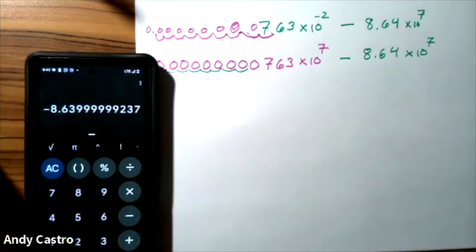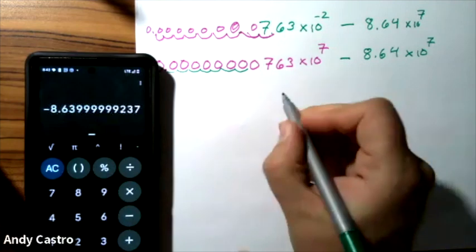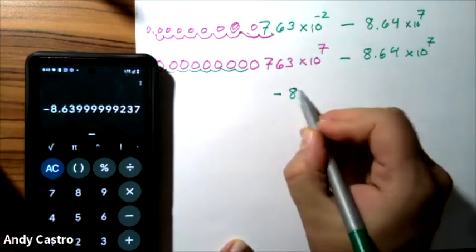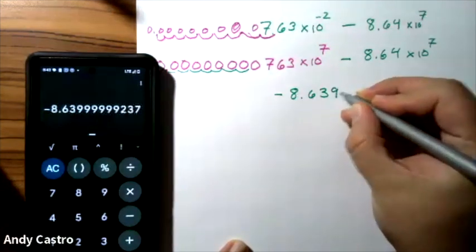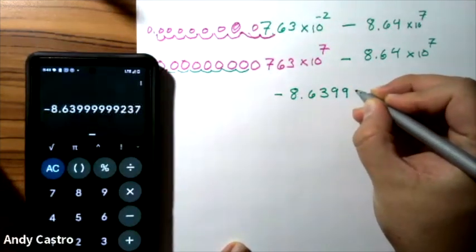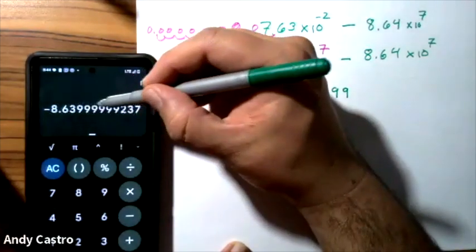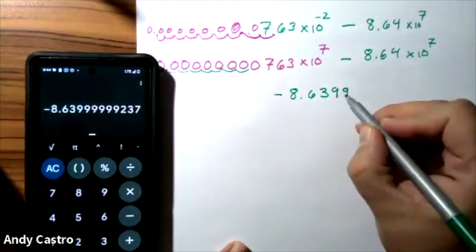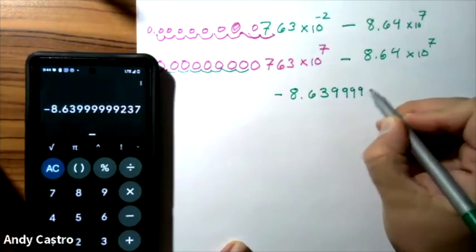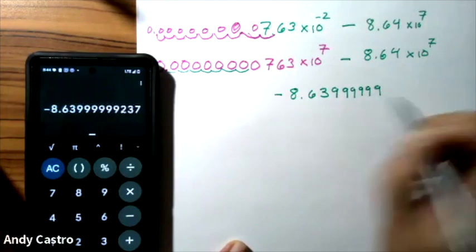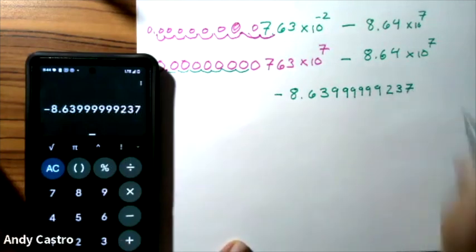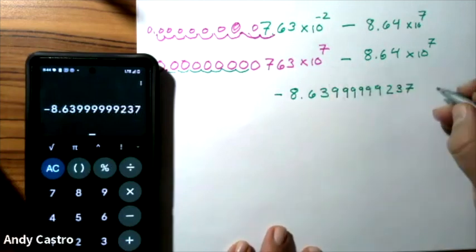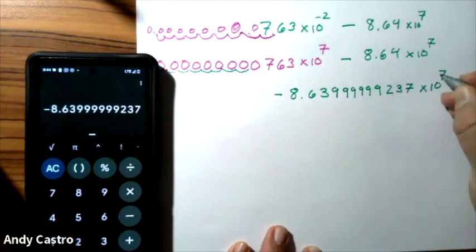That's going to give us negative 8.6399, see, 1, 2, 3, 4, 5, 6 nines, then 237, and times 10 to the 7th.